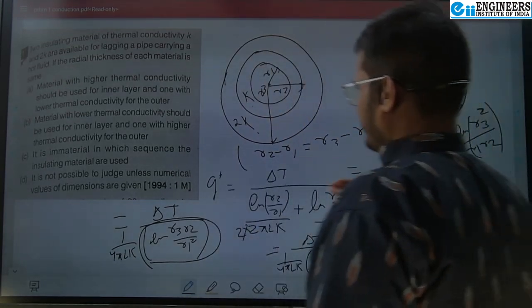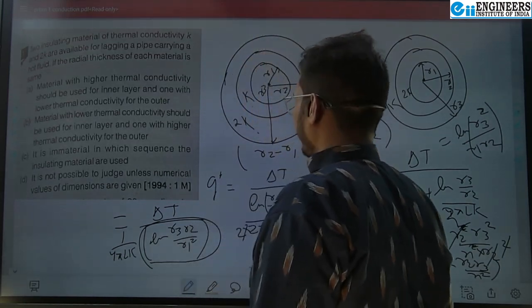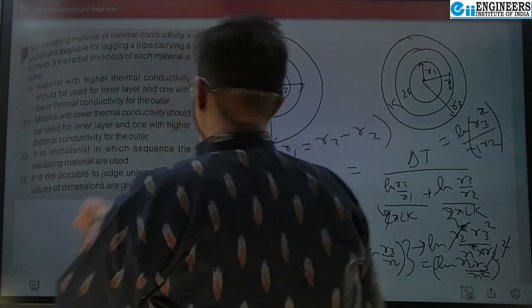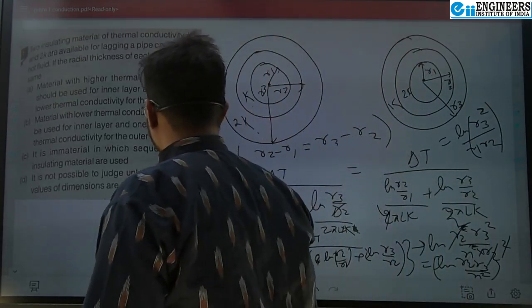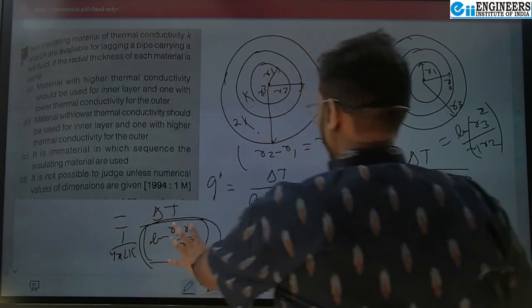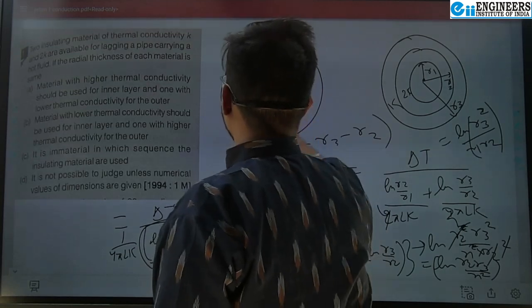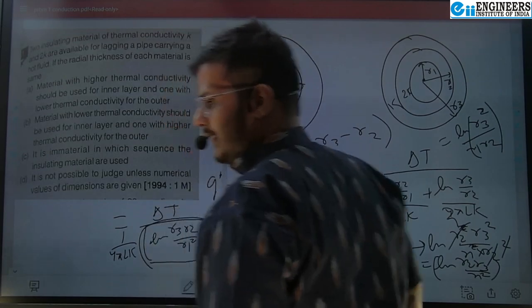Then by substituting the value, you will see that the overall heat transfer will be less for the configuration where this factor is more. So this denominator factor is more for the case where the thermal conductivity is lower on the inner side.